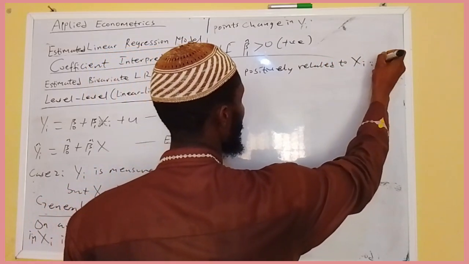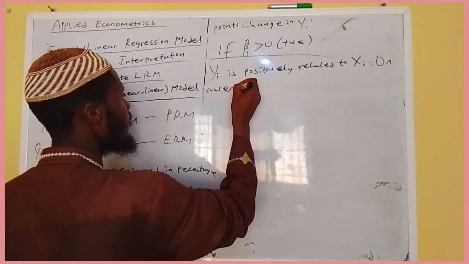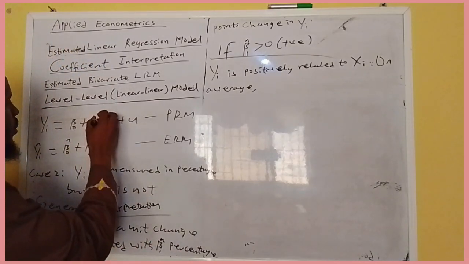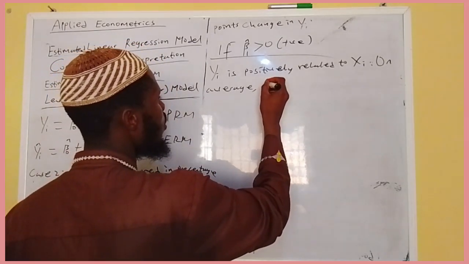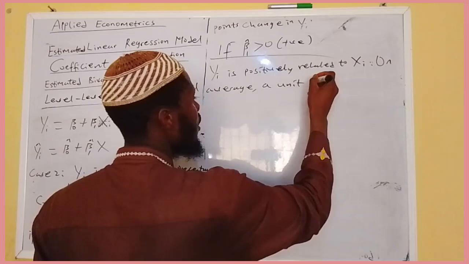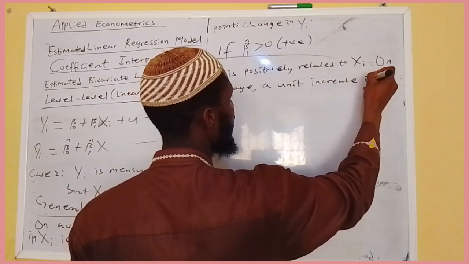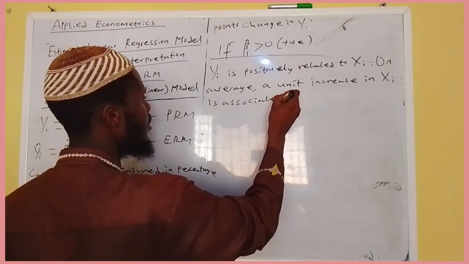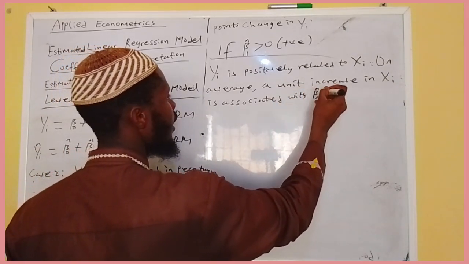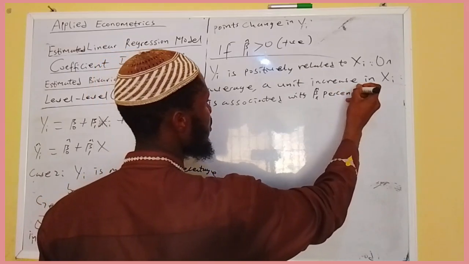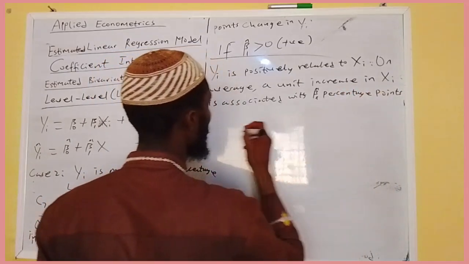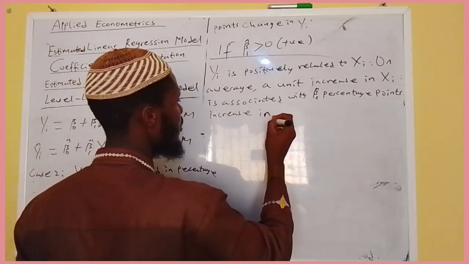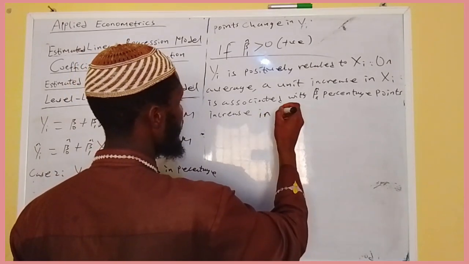In other words, on average, because x is not measured in percentage, it's measured in its original unit, a unit increase in x is associated with beta 1 hat percentage point increase in y.